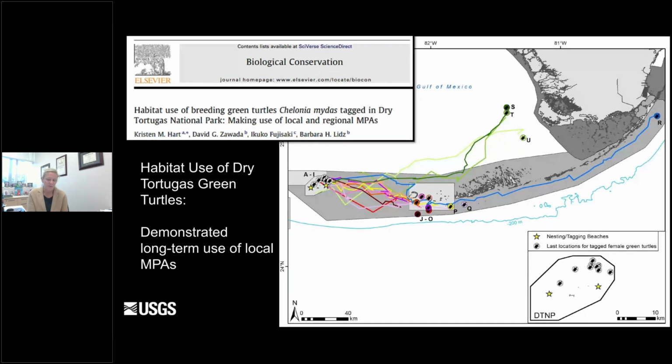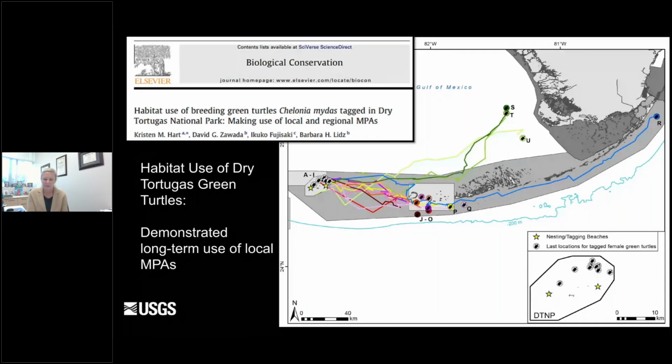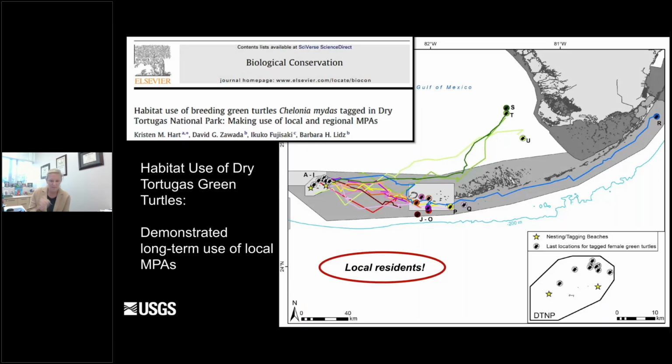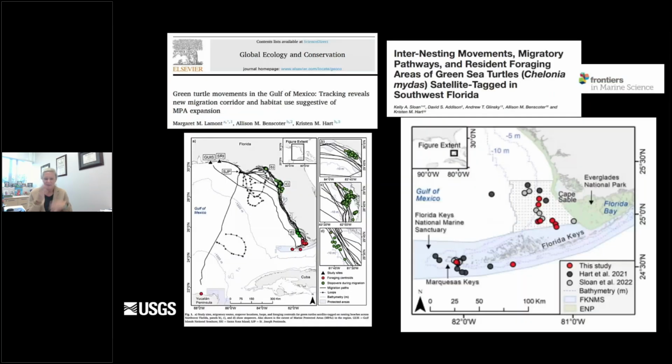That area off Western Everglades, I'll speak about next. It's become a really interesting spot in 2 additional papers. I think if you just hit the next bar, one of the things about these highly mobile sea turtles, Megan, is they're actually local residents. And this is a flip of the mental status of a park manager when you're like, oh, these turtles just come and they're only here for a few months.